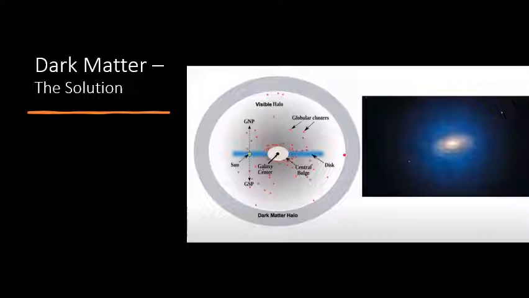So the current belief is that galaxies are embedded in halos of dark matter. You can see an image there of the halo around the spiral galaxy. And that halo is distributed in such a way that it explains the motion.